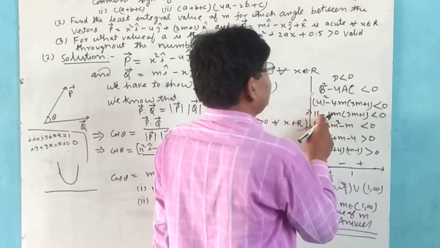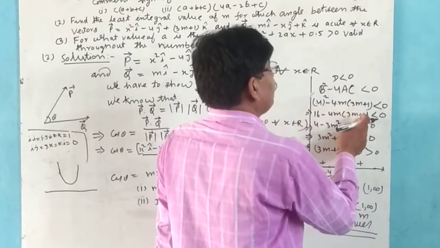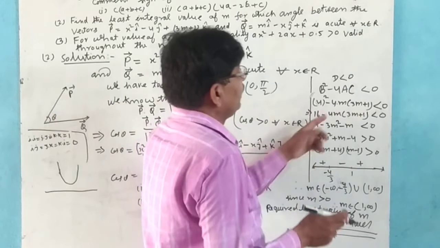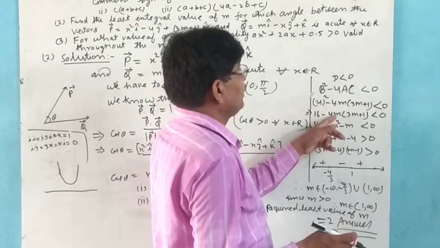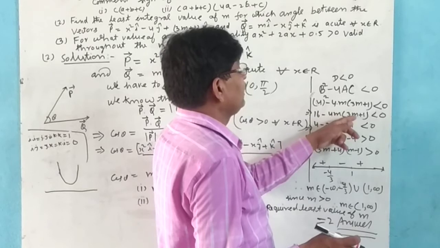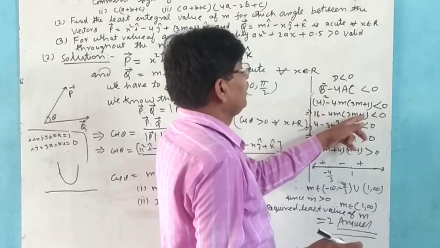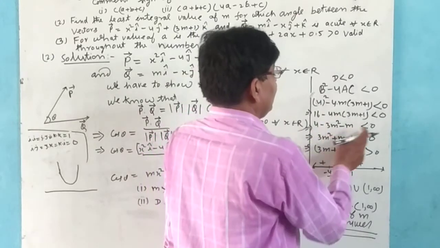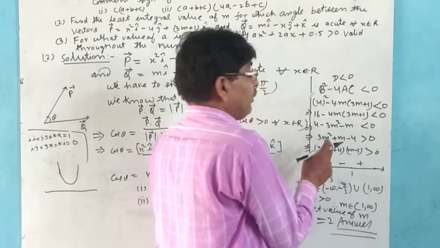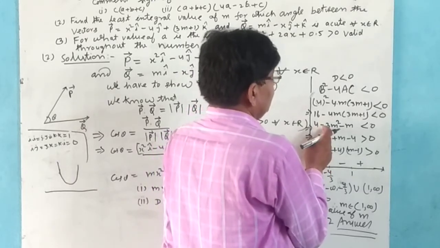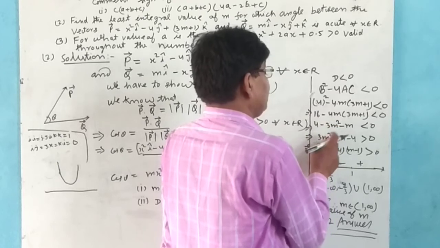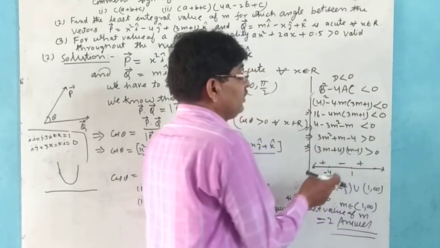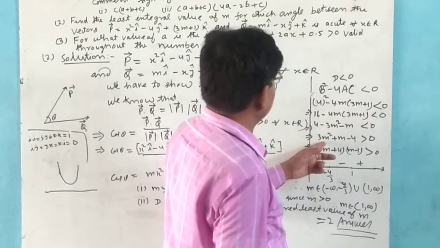On dividing by 4, only 4 is cancelled, and multiplying gives minus 3m square minus m. Now this is less than 0, so we multiply by minus, so 3m square plus m becomes positive, the inequality changes to greater than 0, and now we factorize it.